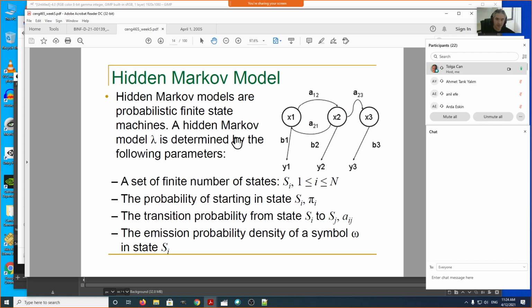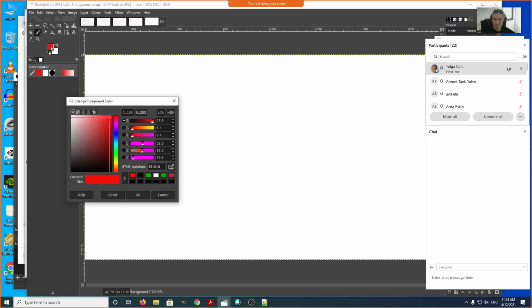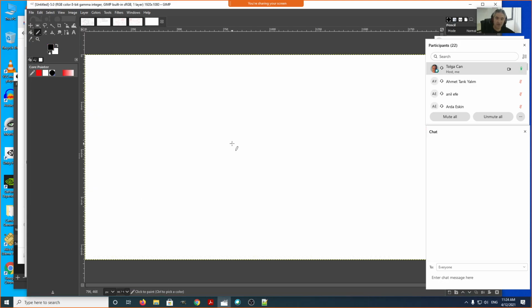First, I'm going to talk in general about what a hidden Markov model is. Before going into profile hidden Markov models, I'm going to describe what a hidden Markov model is, what its parameters are, and how we can use it to answer different questions. So I'm going to come back to here. Let me get back to my black pen color.